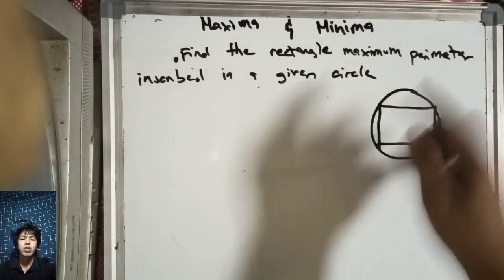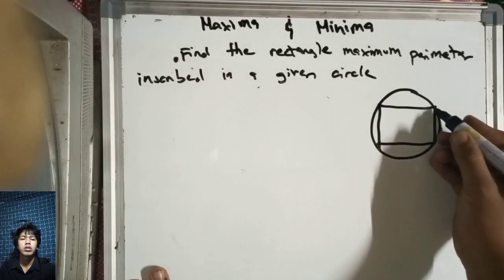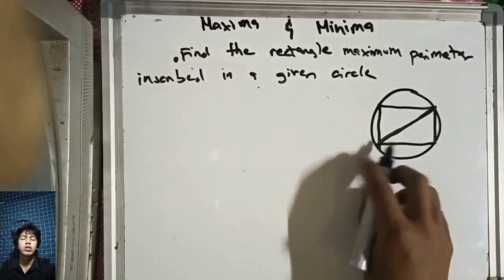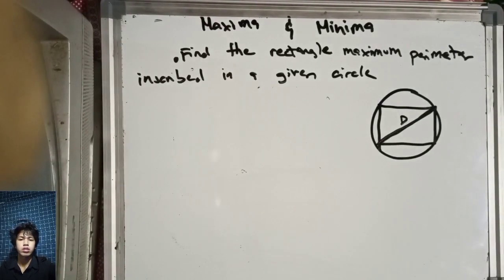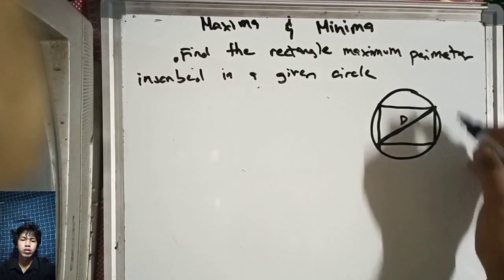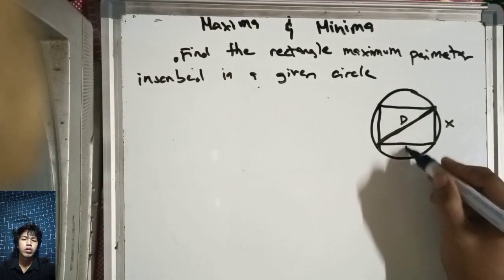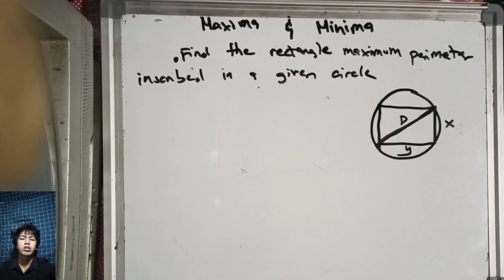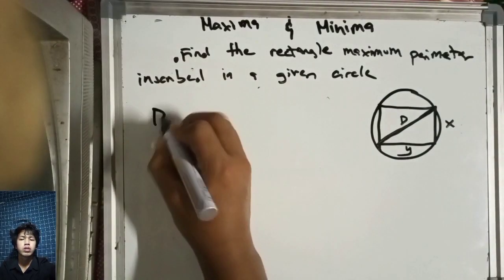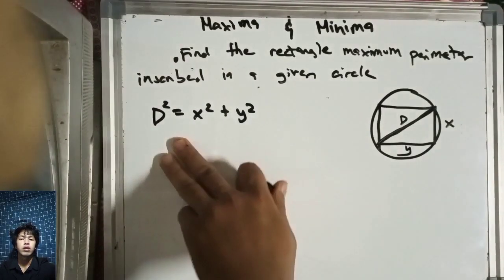This will be the diameter of the circle. We can put x as one side and y as its length. In finding the diameter, this is a right triangle, so d squared equals x squared plus y squared by the Pythagorean theorem.